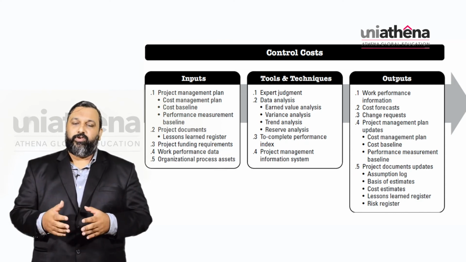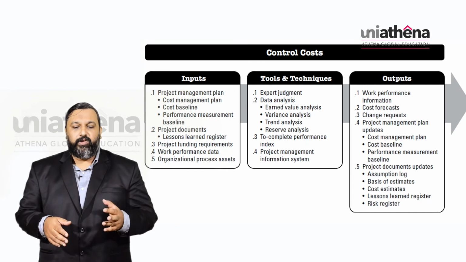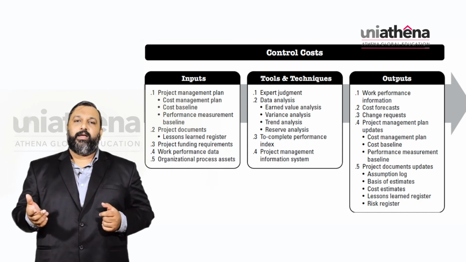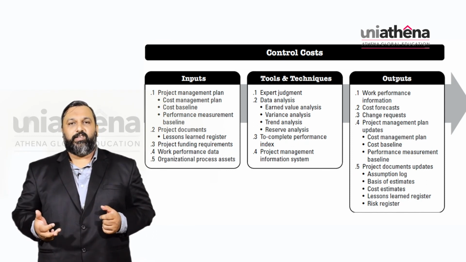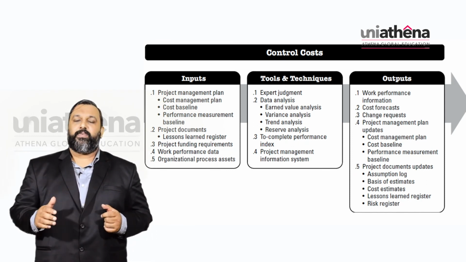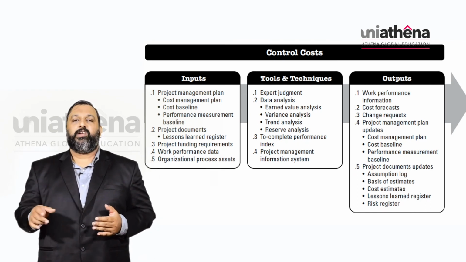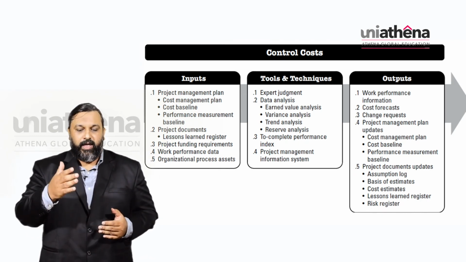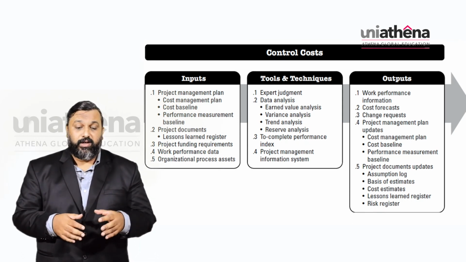So to consolidate, your control cost process will have inputs as the project management plan, which is your cost management plan, cost baseline, and performance measurement baseline. Then you have project documents, which includes the lessons learned register. Then you have project funding requirements, that is another major input.